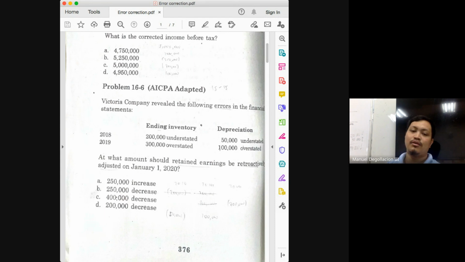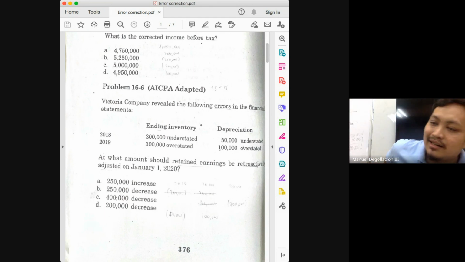So that means we will have to decrease it by 250,000. So the answer there would be Bravo. Okay, that's if you did the correction individually, class. But there's something you're supposed to know so that it will help your analysis, class, and that is your counterbalancing errors.